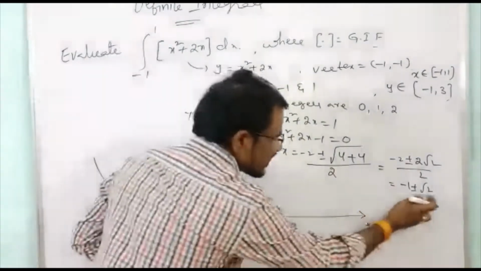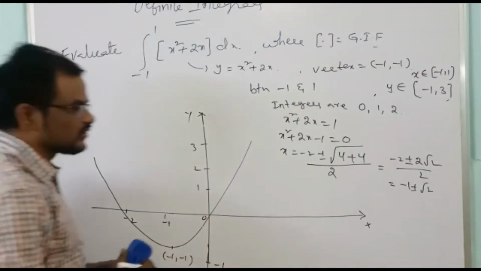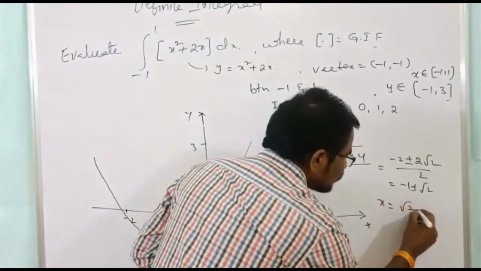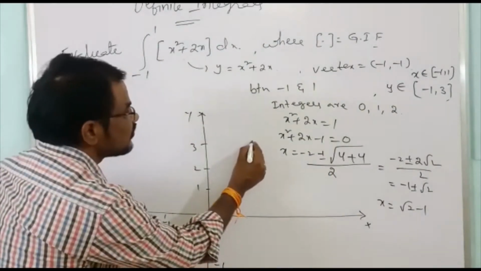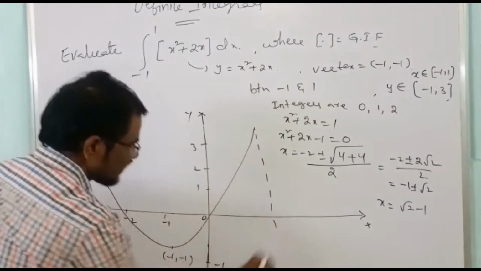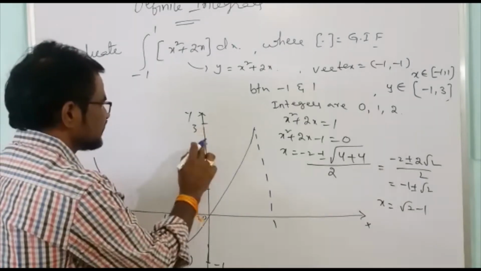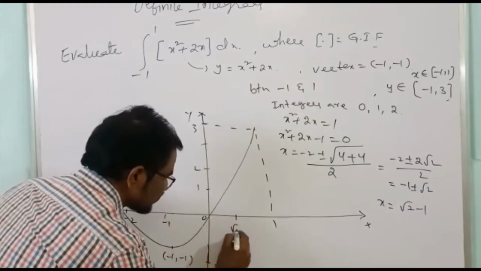But -1 minus root 2 is less than -1, so no need to consider. So only which one we have to consider? x equal to root 2 minus 1. So here x equal to 1 if you take, here 3, and here root 2 minus 1.